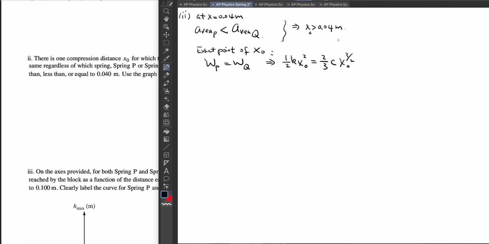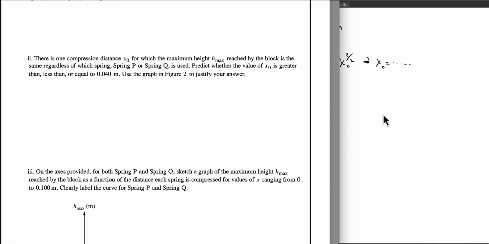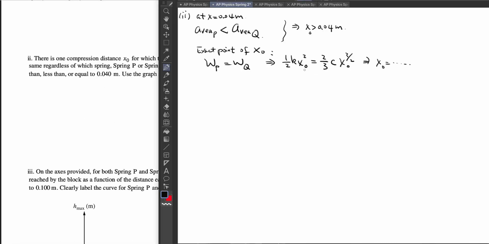That equation will give us the x naught solution. I'm going to skip that, and later on we'll find the approximate value of x naught from the picture, when we're given more conditions.